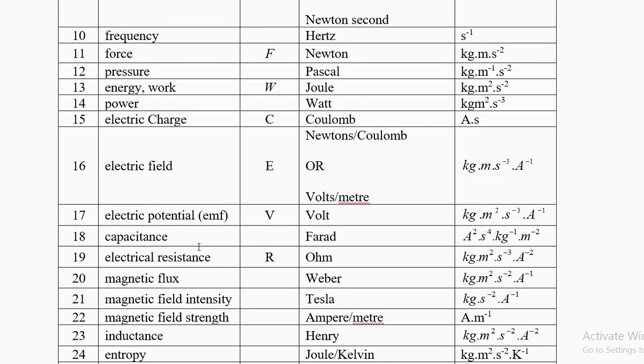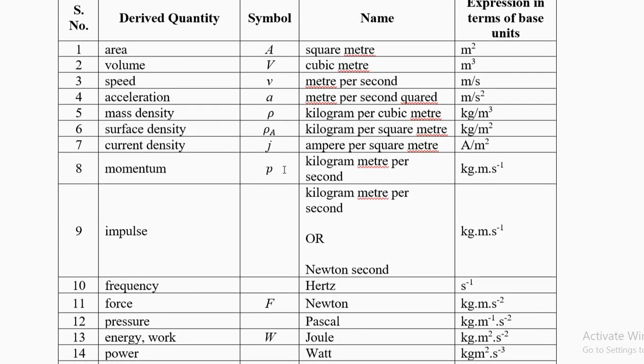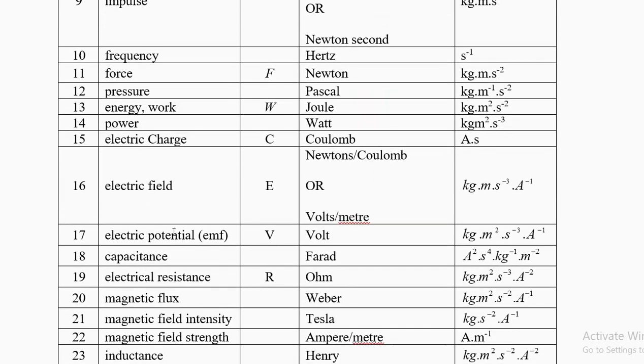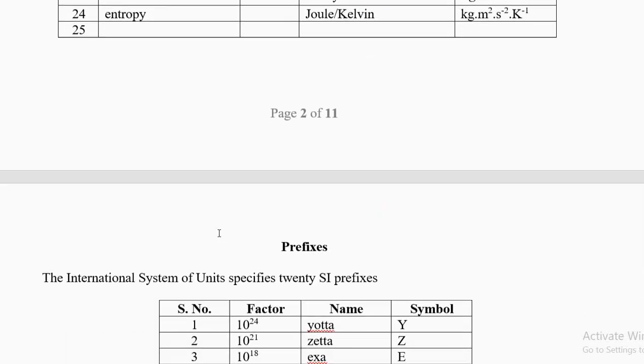So the first 14 quantities you will be needing in your physics 100, physics 170 and this lab course all put together. And the other derived quantities you will be needing in your other physics courses like physics 210 and 210L, the next lab course.